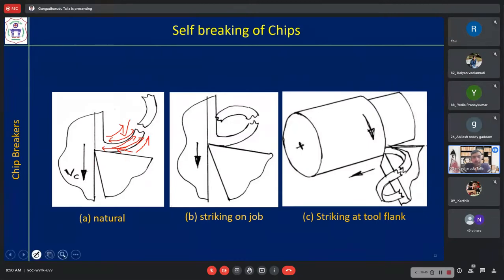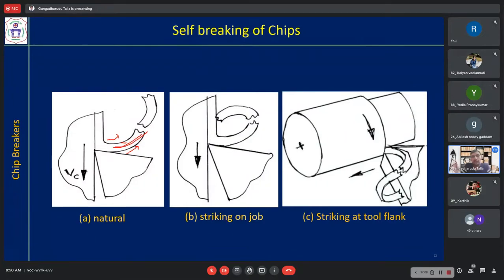But ultimately, once one side is trying to move fast, the other side will move slowly. But the entire chip has to move at the same time. One side cannot go, and there is no slipping taking place here. Understand?